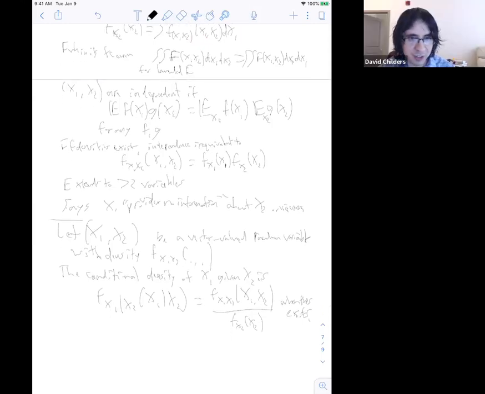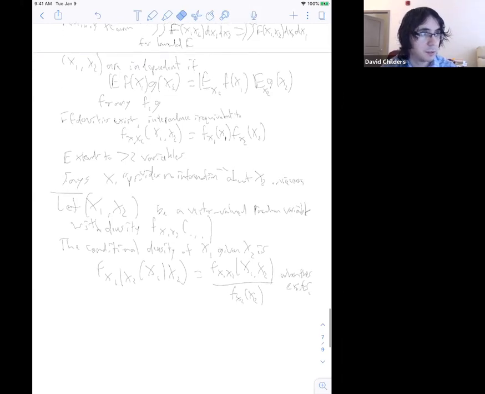For cases where the marginal density of x2 is 0, it's conventional to say that the conditional density of x1 given x2 is also equal to 0, so that we're not dividing through by 0. But in general, it's just undefined.